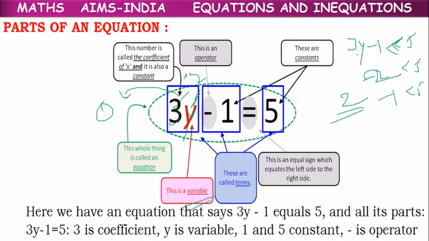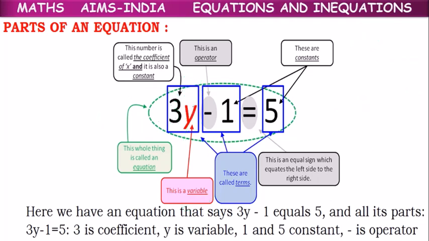If we keep minus 1, we get minus 4, which is less than 5. All these expressions become true. Here in this inequation, y is open for so many values. So y is a variable which is open for other values.